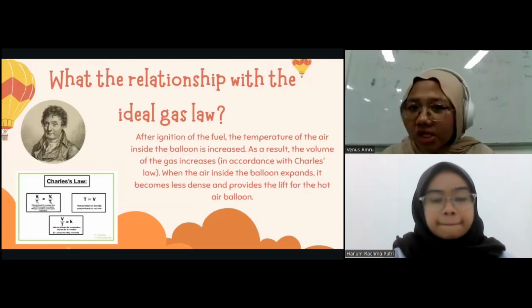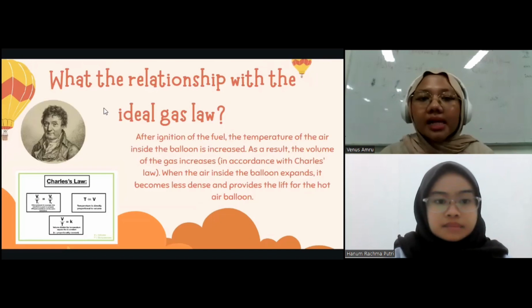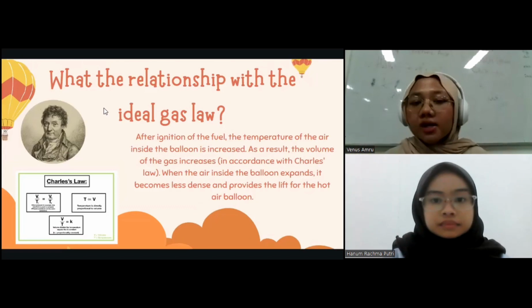And the next one is, what is the relationship with the ideal gas law? The relationship with the ideal gas law is proportional with Charles's law. After ignition of the fuel, the temperature of the air inside the balloon is increased. As a result, the volume of the gas increases in accordance with Charles's law.